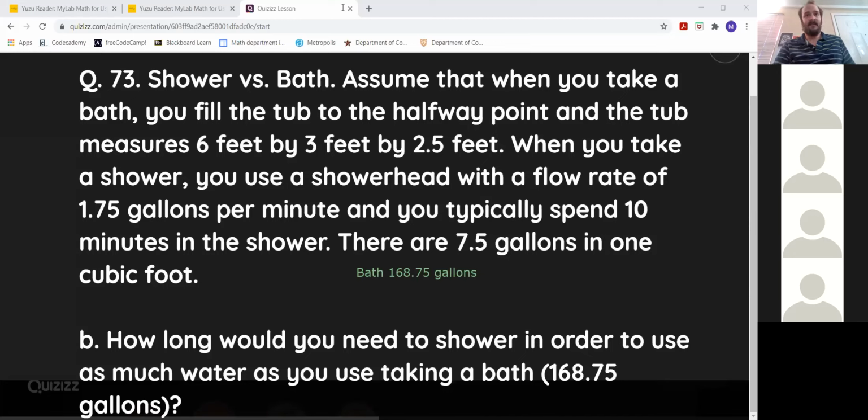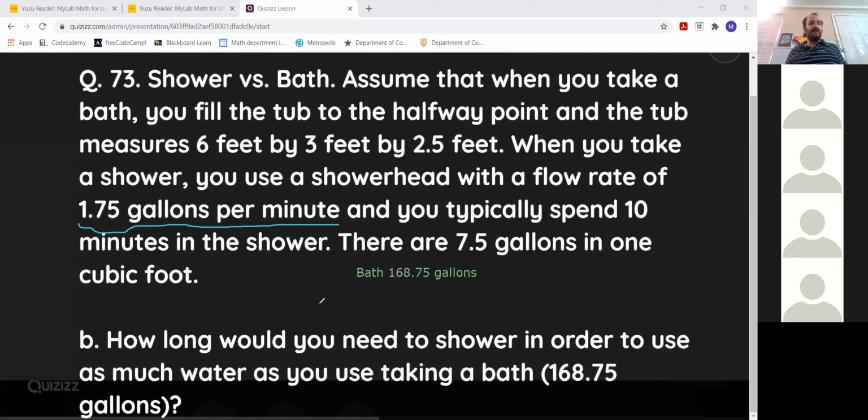So, key things that were taken away. We want to know the shower. What's the rate of the shower? I believe my rate of my shower is this thing. Draw a drawing. There we go. My name is Simon, and I like to do drawings. 1.75 gallons per minute.